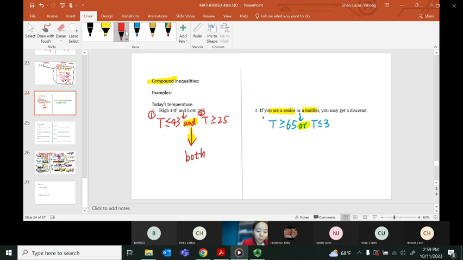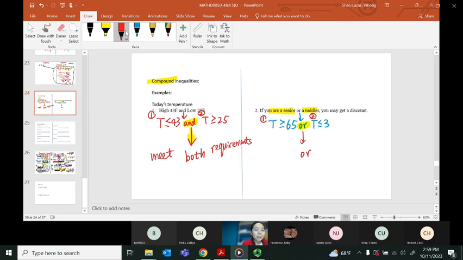Usually it's some kind of requirement or condition. When joined by and, you have to meet both requirements. You have to meet the temperature less than 43 and greater than 25.